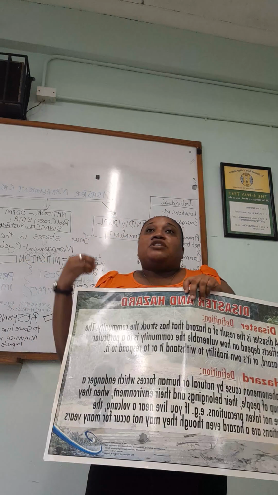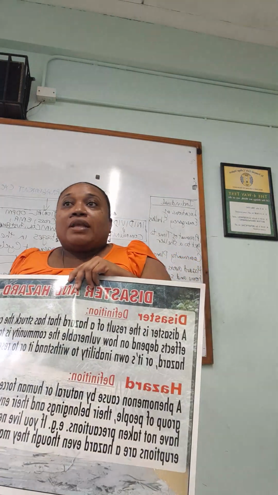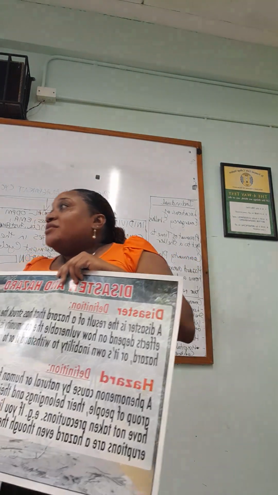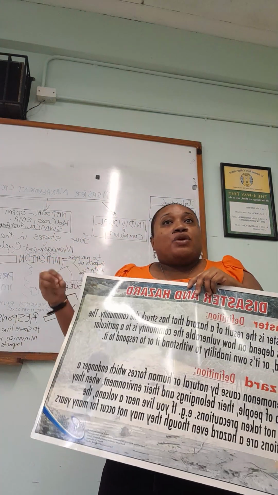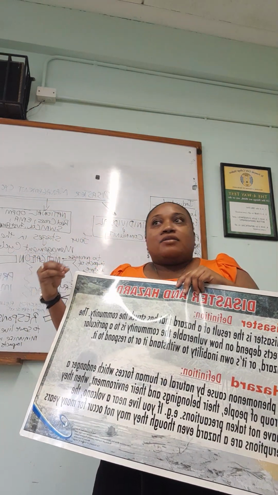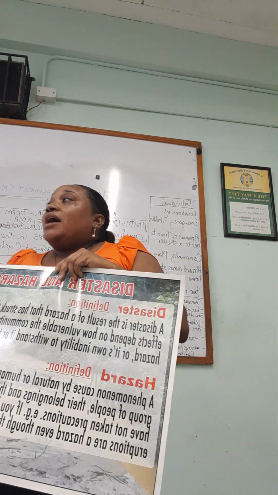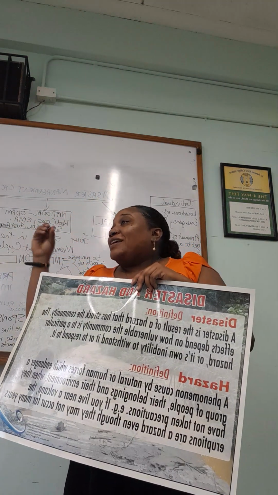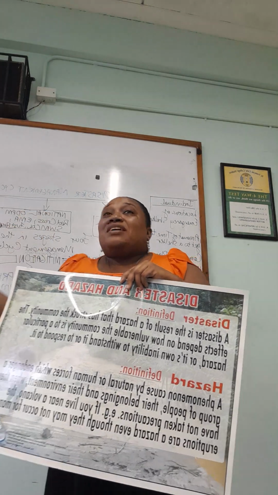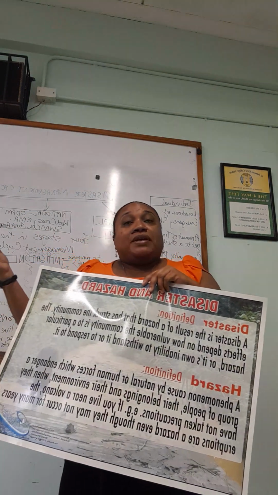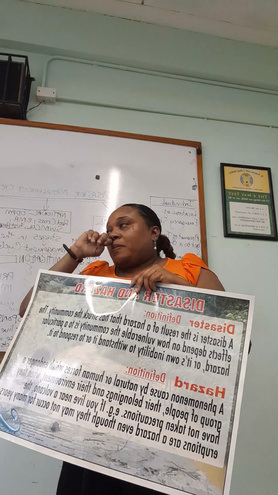A community which is built on flat land and has proper drainage, their vulnerability is going to be less. You all understand that? So vulnerabilities differ, and they also differ in terms of the amount of damage that will take place.